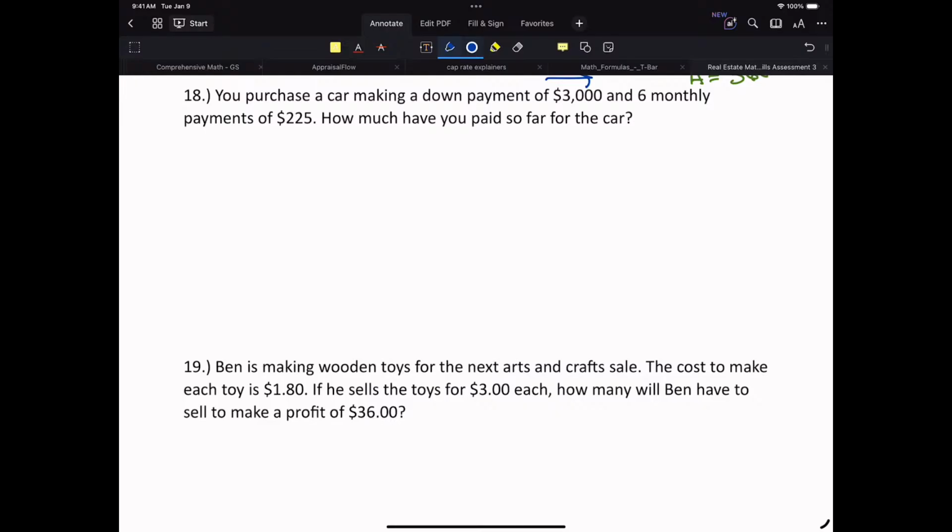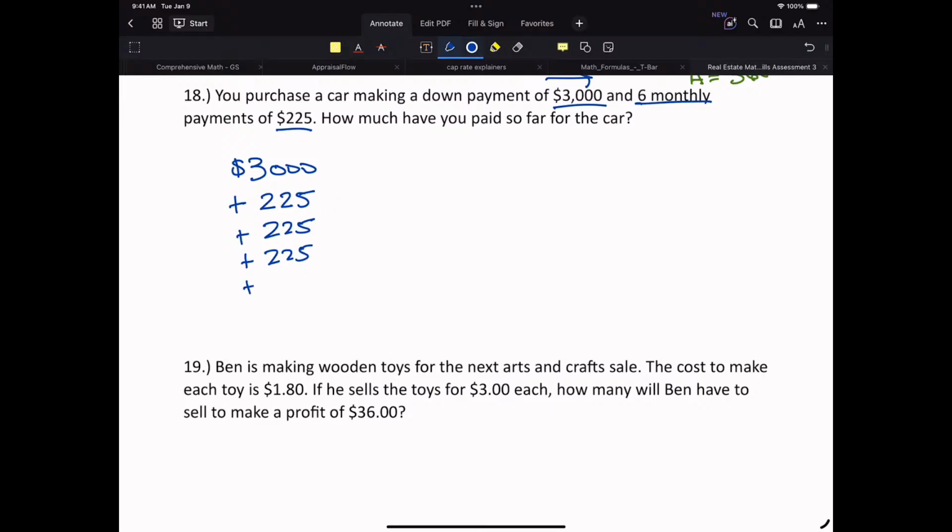I remember I stole these questions from somewhere, but I guess if you made a payment of $3,000 and 6 monthly payments of $225, well, you paid the $3,000 plus you made $225, plus $225, plus $225. So you did this 6 times.